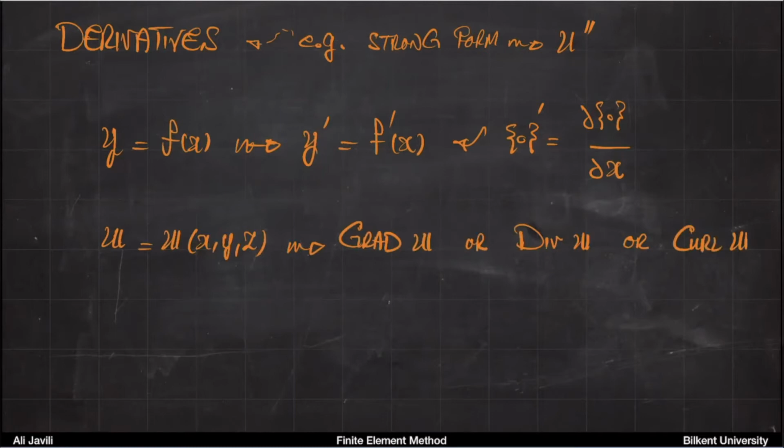The third one would be curl of that thing. So if you have a vector, that derivative, which previously was just a simple prime, now transforms into three different types of derivatives. It could be a gradient, it could be a divergence, it could be a curl.